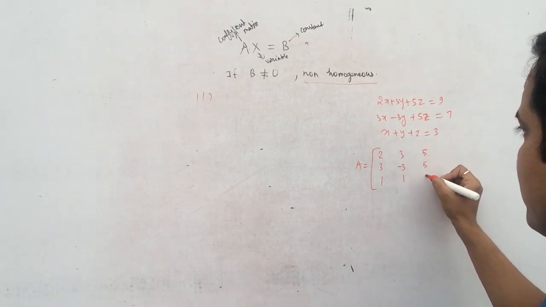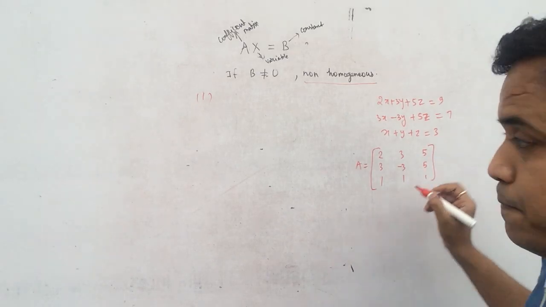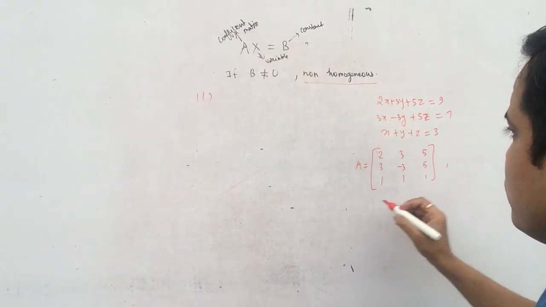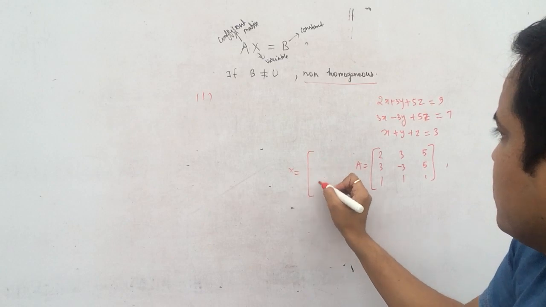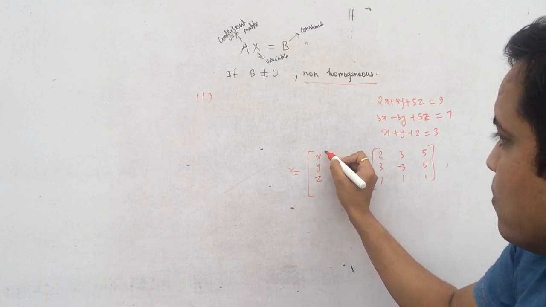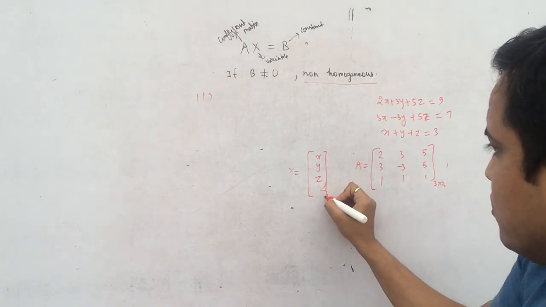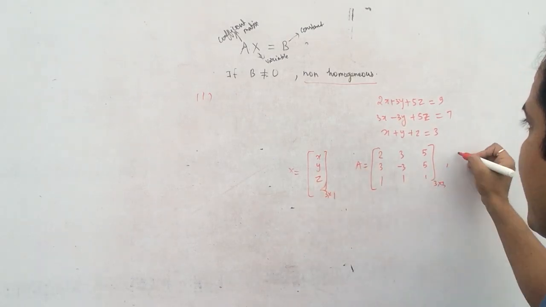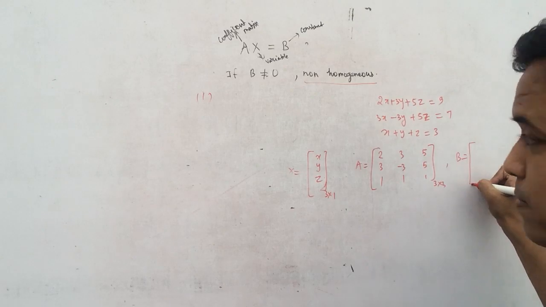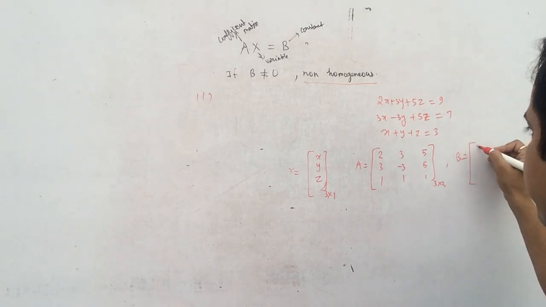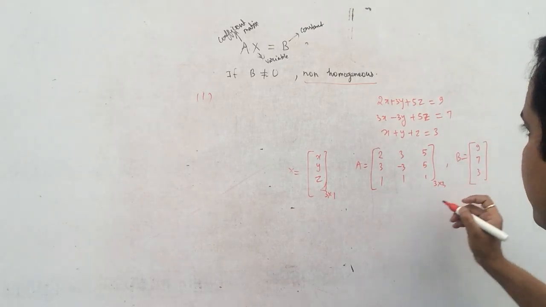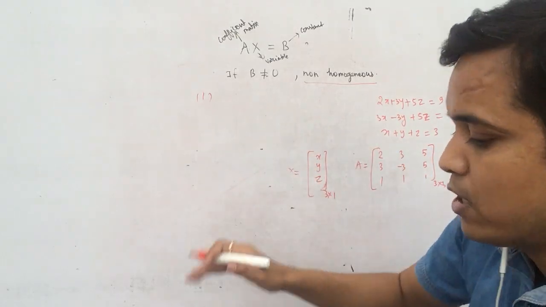And x is the variable matrix x, y, z. The order of A is 3 cross 3, and the order of x is 3 cross 1, 3 rows and 1 column. B is called the constant matrix, which is 9, 7 and 3. So here the constant matrix is not equal to 0.